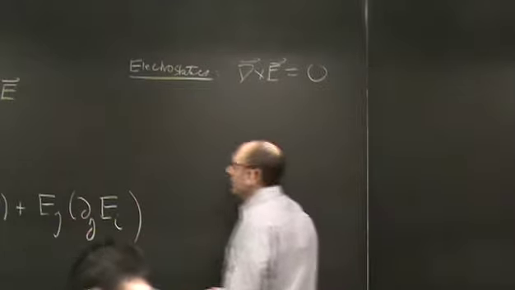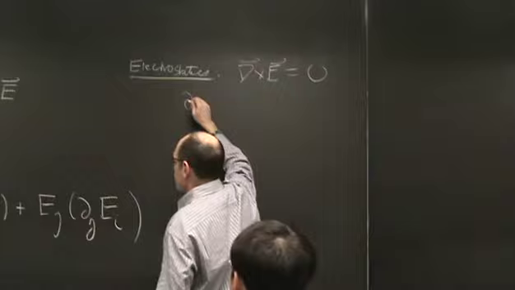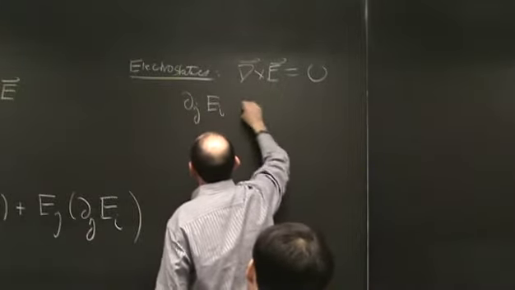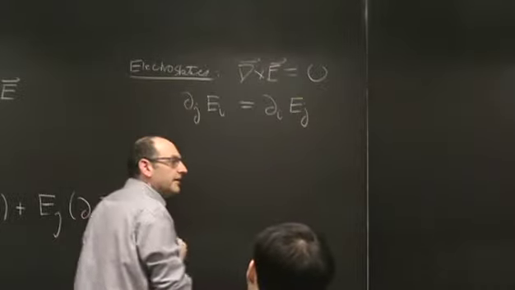So if del cross E equals 0, that says that partial J of E sub I is the same thing as partial I of E sub J, right?